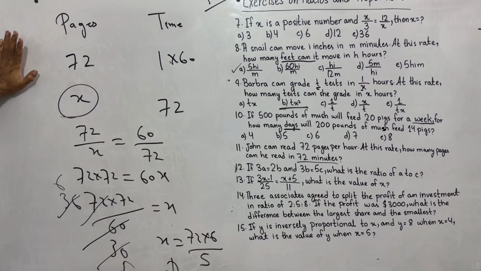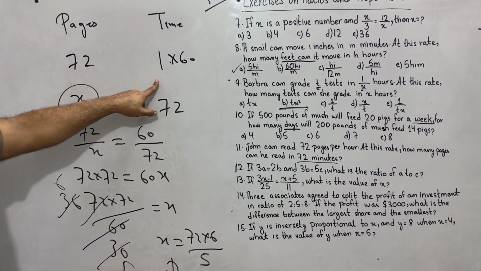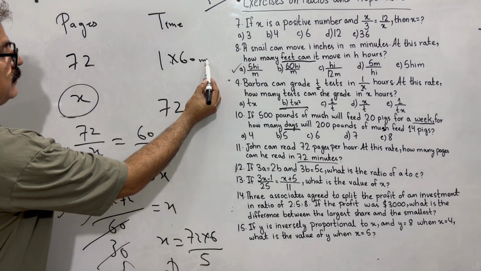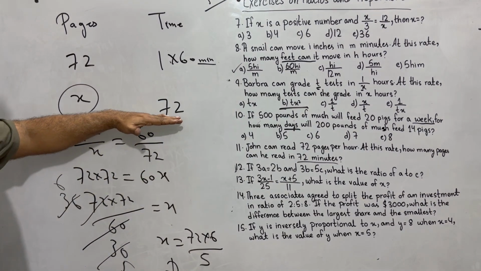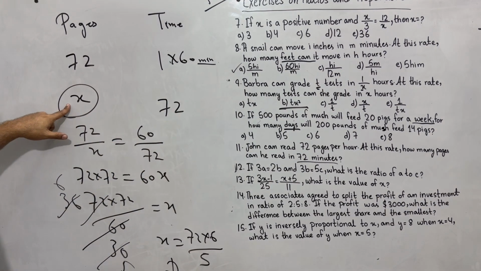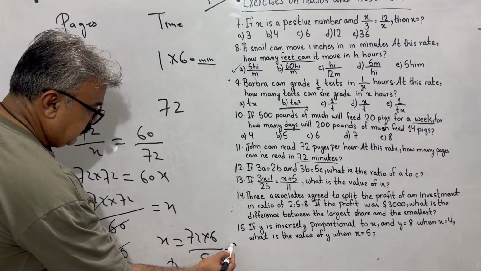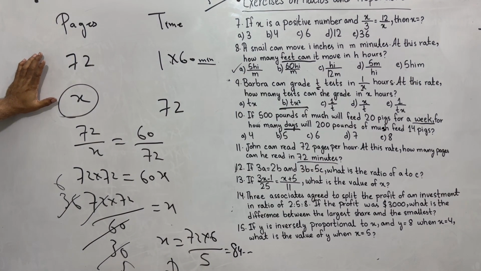John can read 72 pages per hour. 1 hour multiplied by 60 in order to make units compatible. This is minutes, and we are asked to find in 72 minutes how many pages he can read. If you calculate this, you are going to get 84 something answer, in my opinion.